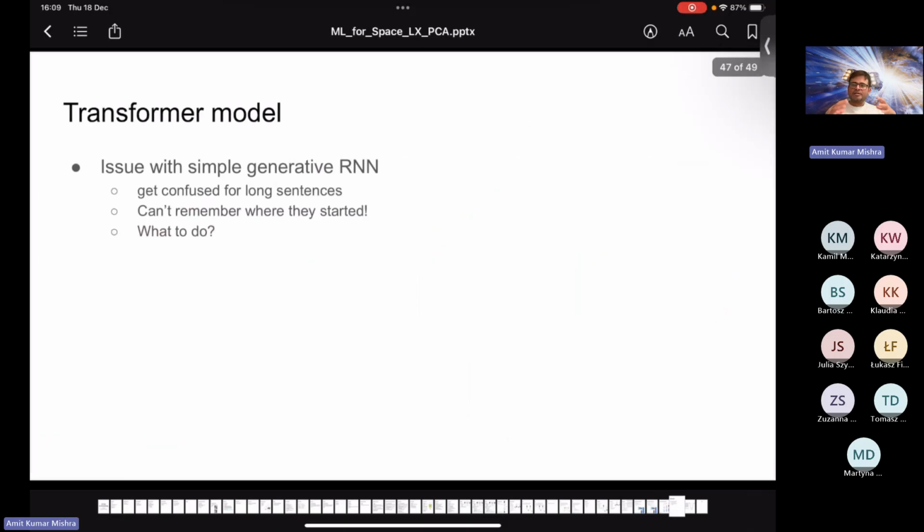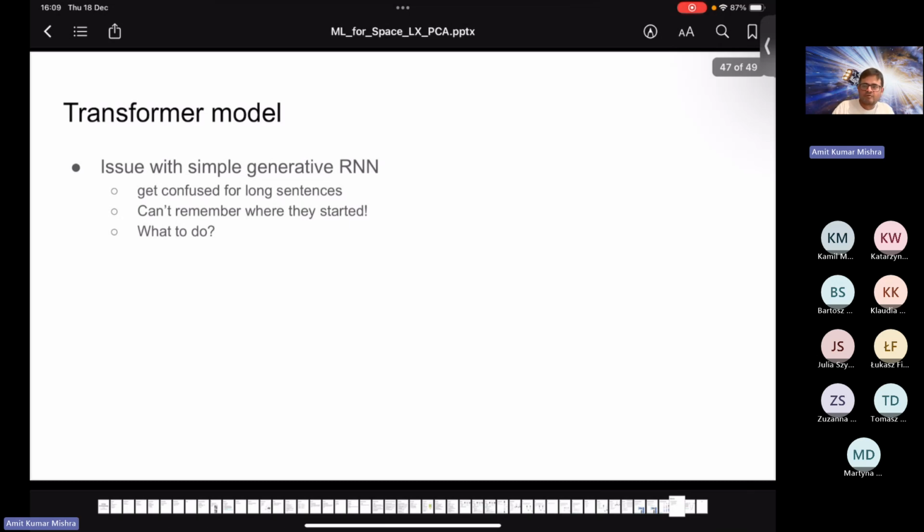Now, when you are using similar principles to create time series, like for example your large language models, one issue that came into the picture was that while creating time series, they tend to forget what's going on. So the transformer model came, where there was a seed value on where to focus.